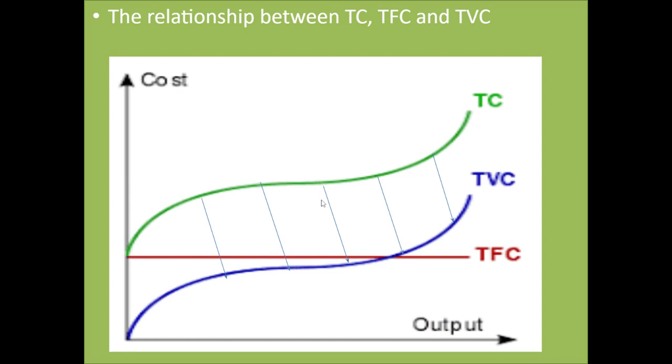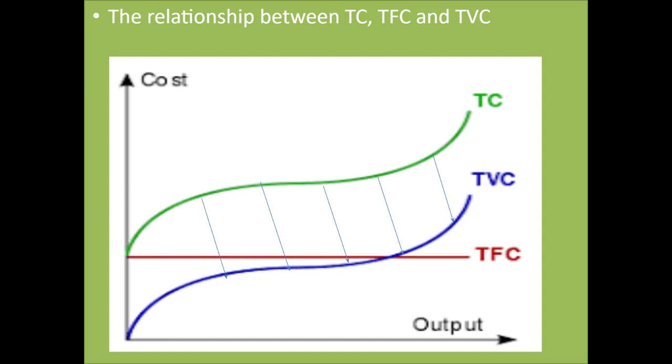We know that total cost is the sum total of total variable cost and total fixed cost. So, the total cost curve is drawn parallel to the total variable cost curve.